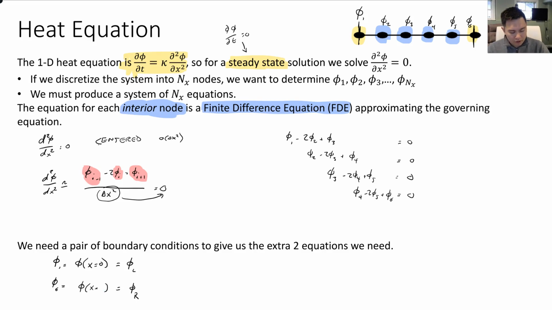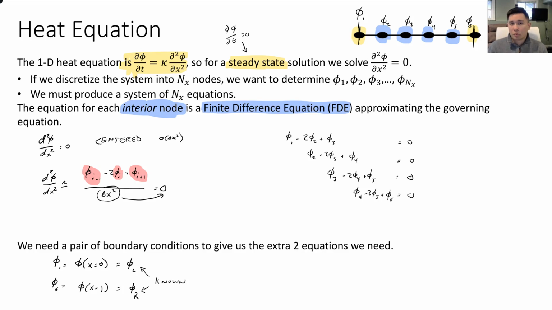And so maybe big L is not ideal, we'll just give this a value of 1. Okay, so these are known temperatures, phi L and phi r are known. And so now we have a system of 6 equations with 6 unknowns that we would need to figure out how to solve.